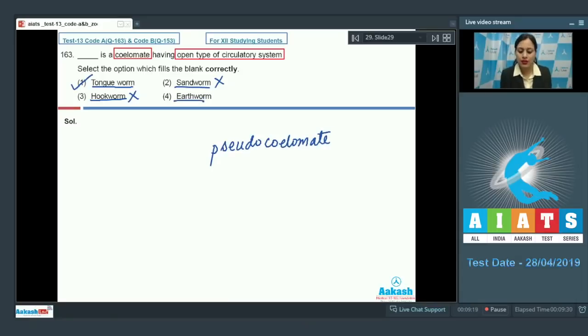The last option is earthworm, and this cannot be a correct answer. Earthworm is a common name for Pheretima, which is an annelid again. It's a true coelomate with closed type of circulatory system. So, the correct answer to this question is option number 1. Let's discuss our next question.